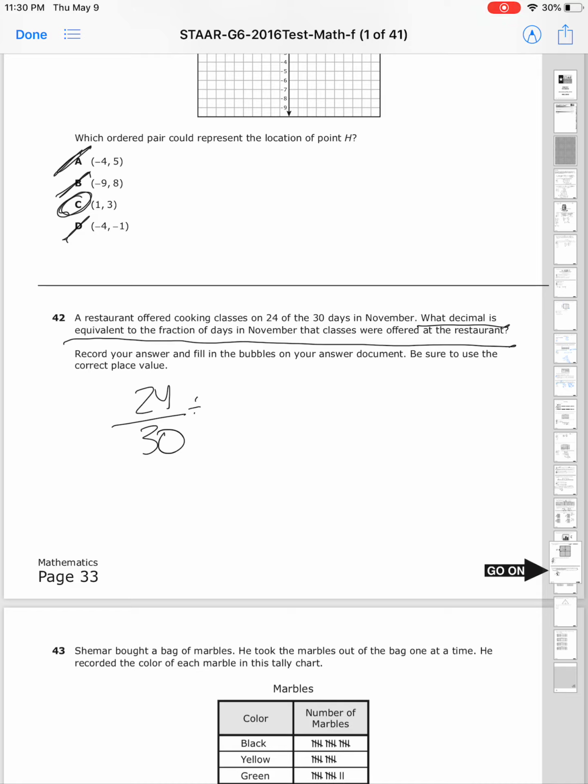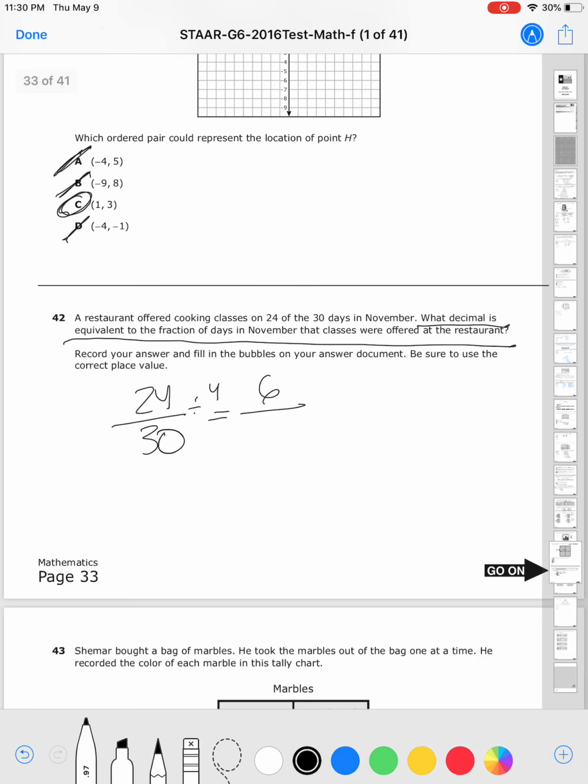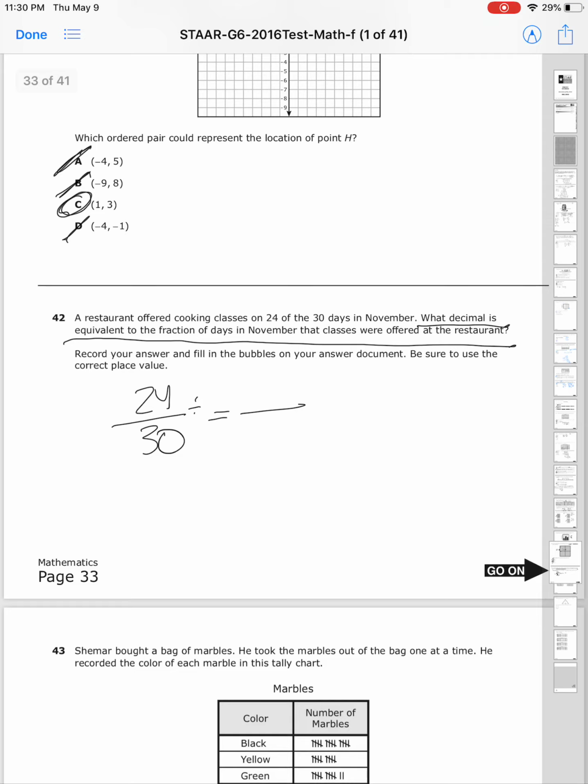And I need to turn this fraction to a decimal, which means I'm going to first simplify by dividing both sides by 4, which gives me 6. Oh, I'm so sorry. I cannot divide by 4. Let me erase this. I'm going to divide both by 3. 3 works out for me. So 24 divided by 3 is 8, and 30 divided by 3 is 10.